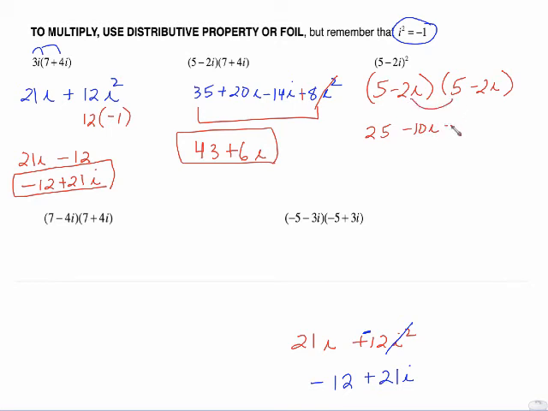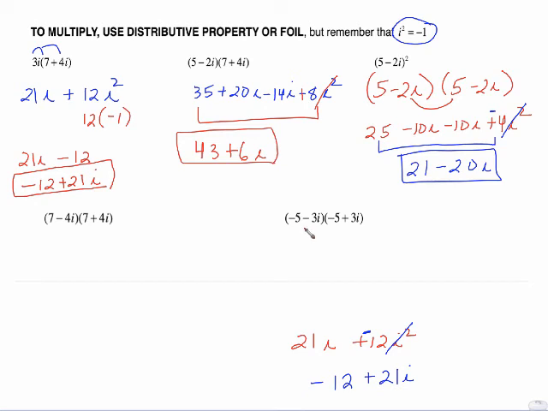Negative 2i times that 5 is negative 10i. Negative 2i times negative 2i is positive 4i squared. So with that i squared, cross out the i squared, change the sign on the coefficient. Now combine your like terms. 25 minus 4 is 21 minus 20i. Correct answer, and it is in standard form.